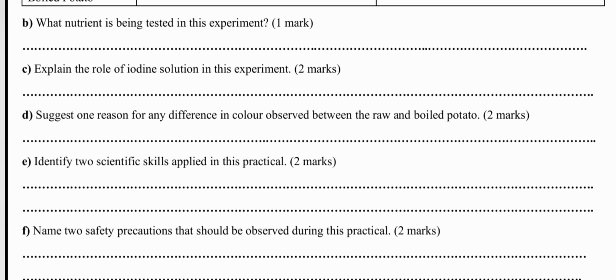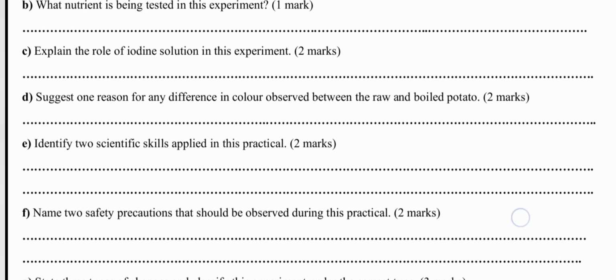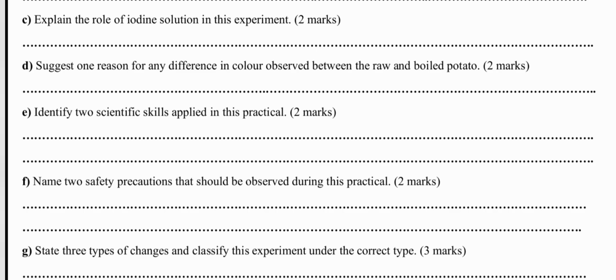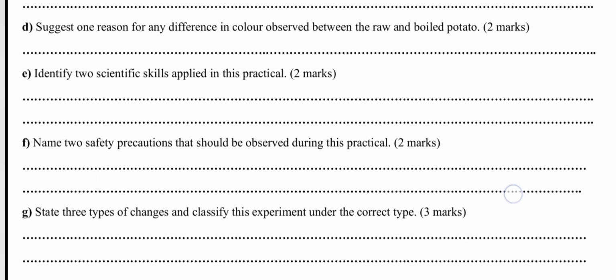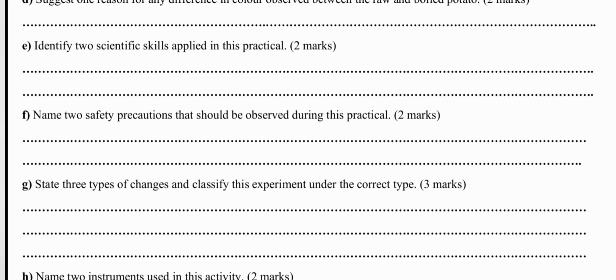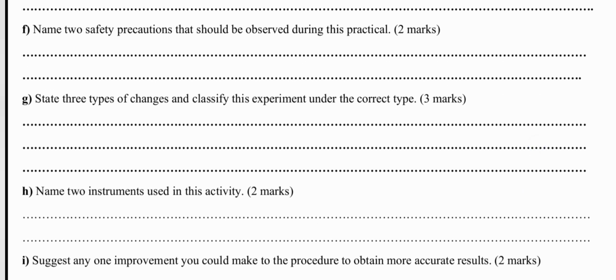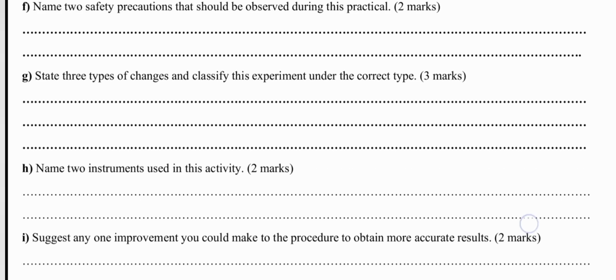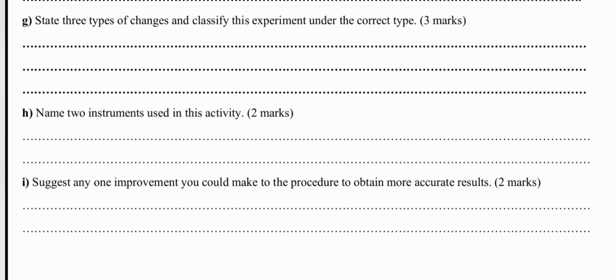E, identify 2 scientific skills applied in this practical. F, name 2 safety precautions that should be observed during this practical. G, state 3 types of changes and classify this experiment under the correct type. H, name 2 instruments used in this activity. J, suggest any one improvement you could make to the procedure to obtain more accurate results.